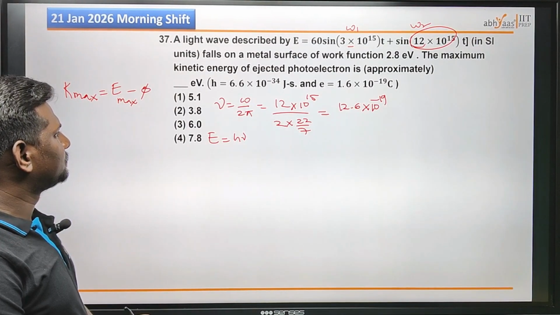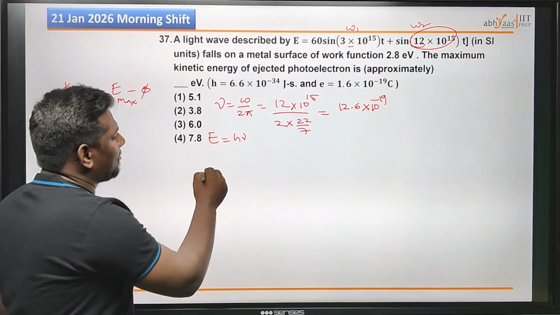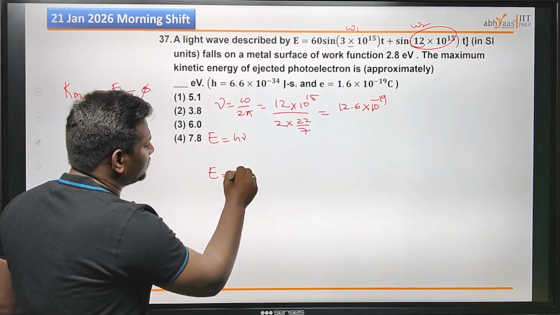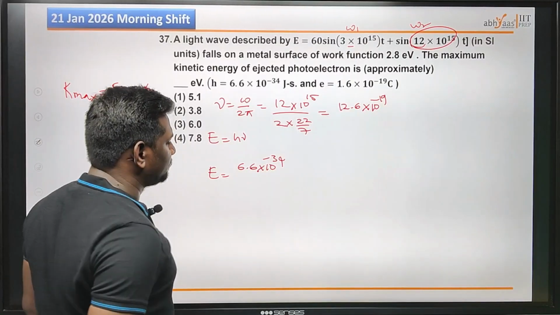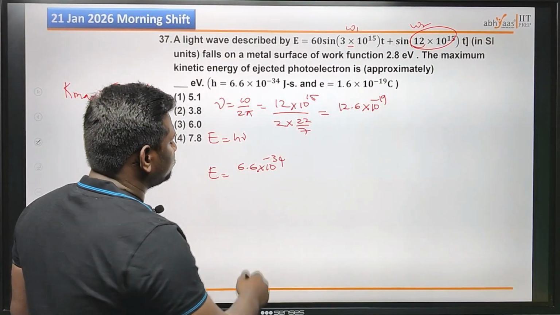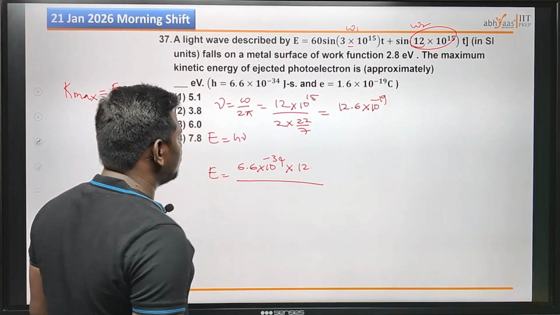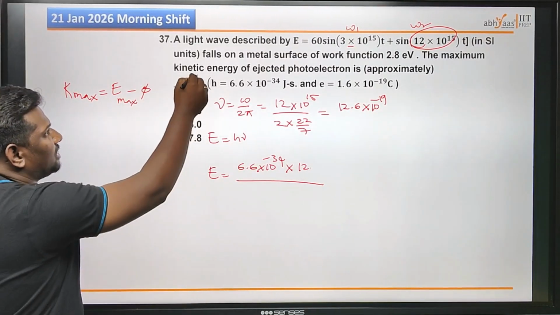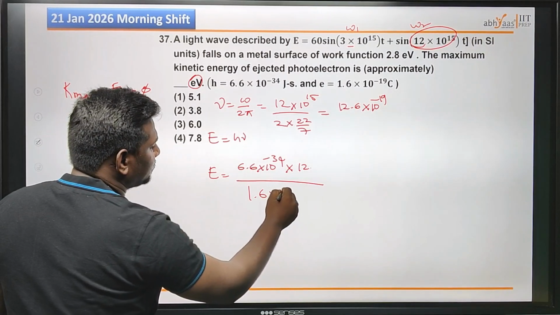Okay, see here, E equal to 6.6 into 10 to the power of minus 34 by, in electron volts. We are taking in electron volts, that's why I am dividing with 10 to the power minus 19.